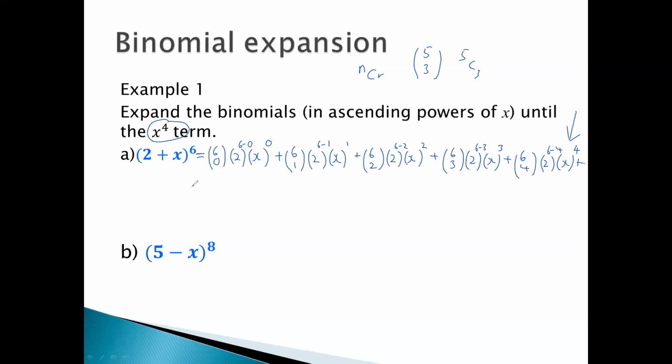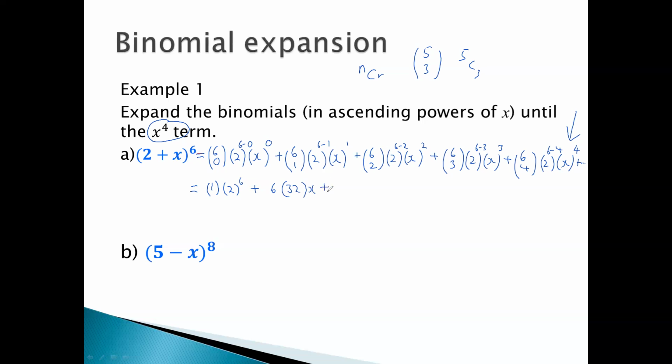Okay? Now, if you key this in your calculator, 6 choose 0 is actually 1. Okay, so for the first term, I'm going to do it out. And then this is 2 to the power 6. And then x to the power 0 is 1. I will not write it anymore. Now, second one, 6 choose 1 is 6. And this is 2 to the power 5, right? So isn't this 32? And then x to the power 1 is x.